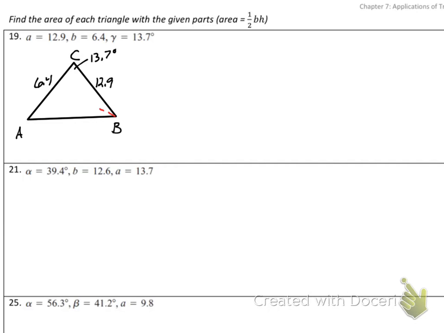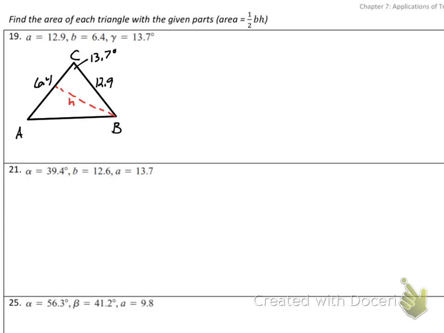So I'm going to choose that as my height, because that tells me I have an angle across, I have a right triangle, and I have a hypotenuse. So I can now solve for h. That would make my base 6.4.